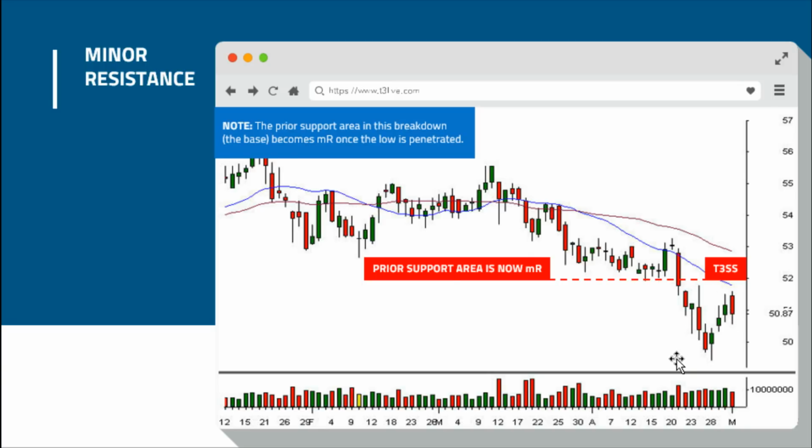Did you know that the strongest sell setup that you can take is the sell setup that forms after a base breakdown? When I say the best, I mean the highest odds. The buy setup with the highest odds is the buy setup that comes after a base breakout. Why is that?